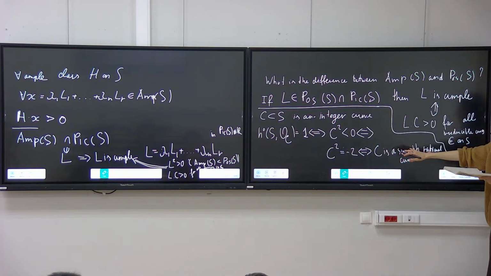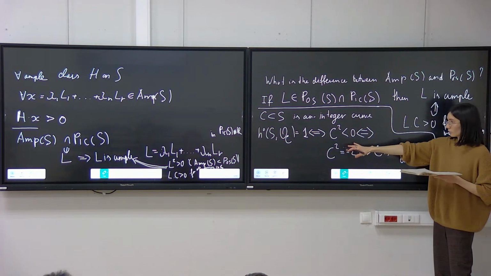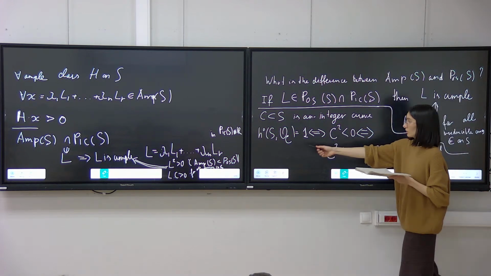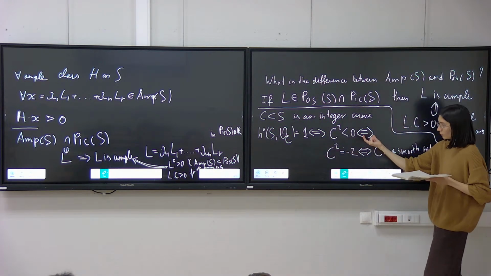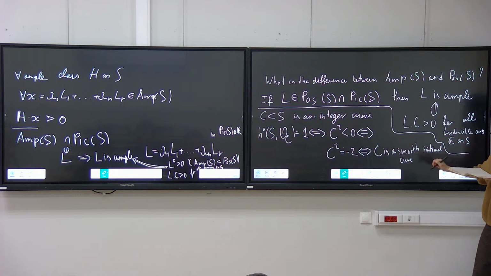So this is a consequence of Riemann-Roch and the tautological exact sequence, and we have already discussed this statement. Okay.